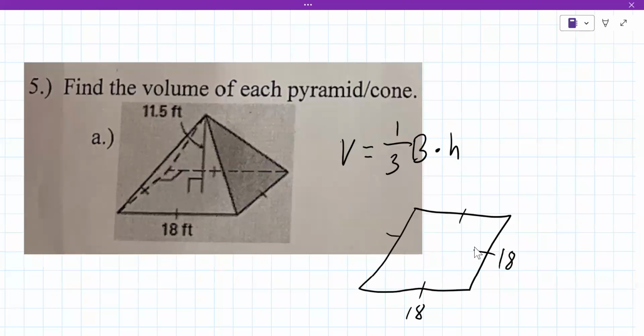Okay, so the area of a square is found by multiplying the two side lengths. What two numbers should you multiply together?